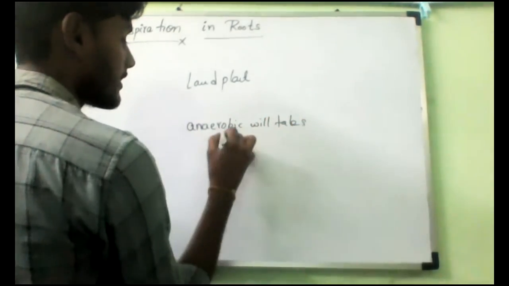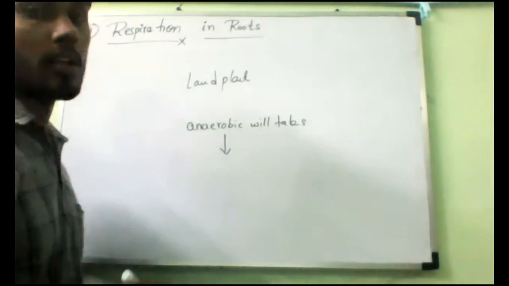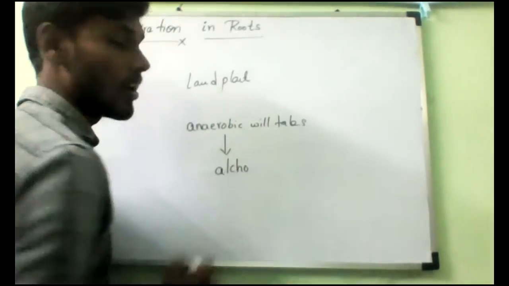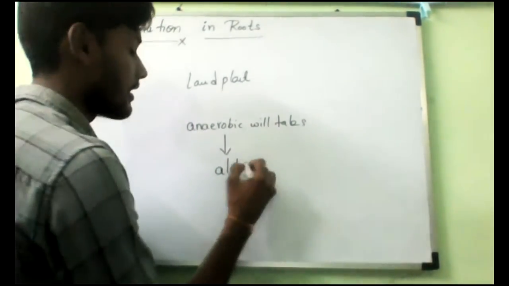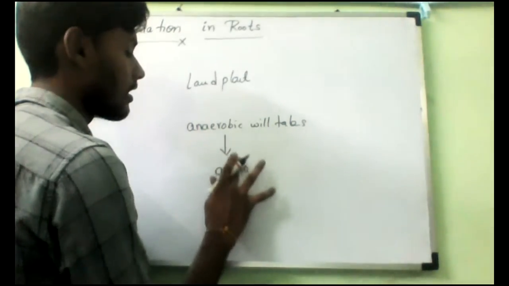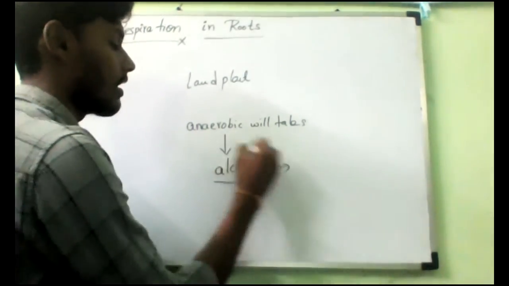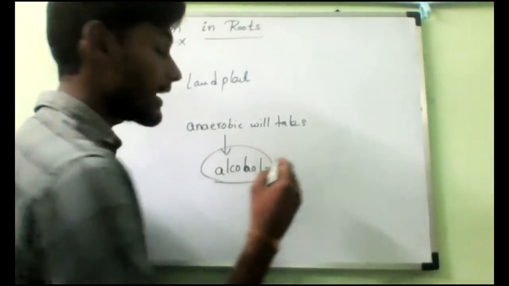So instead of releasing carbon dioxide and water, it will release ethanol and carbon dioxide. It will release alcohol, and because of this alcohol it may kill the plant.